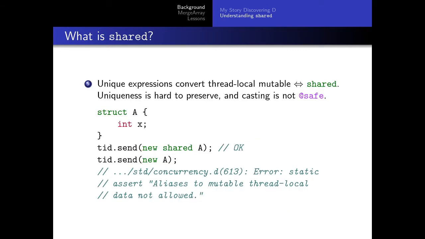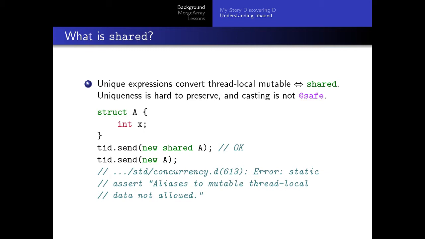So one interesting thing about shared is that if you have an expression that's considered unique, you can, without any casting or issues, convert thread local mutables that are unique to shared values, and vice versa. But uniqueness in the compiler and in expressions is kind of hard to preserve.